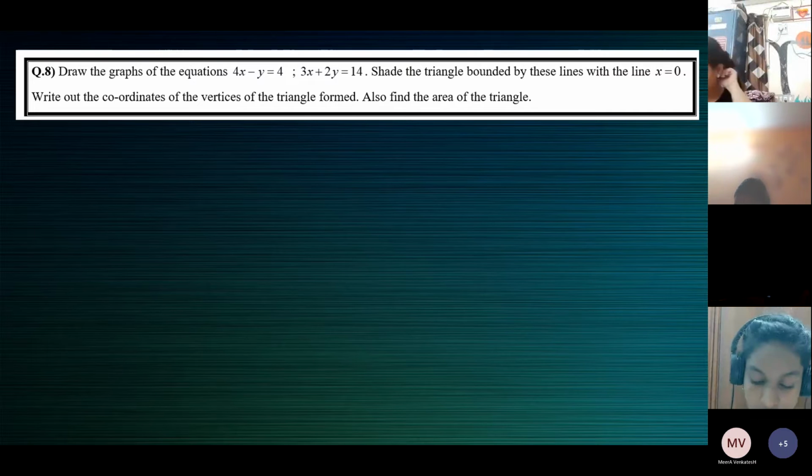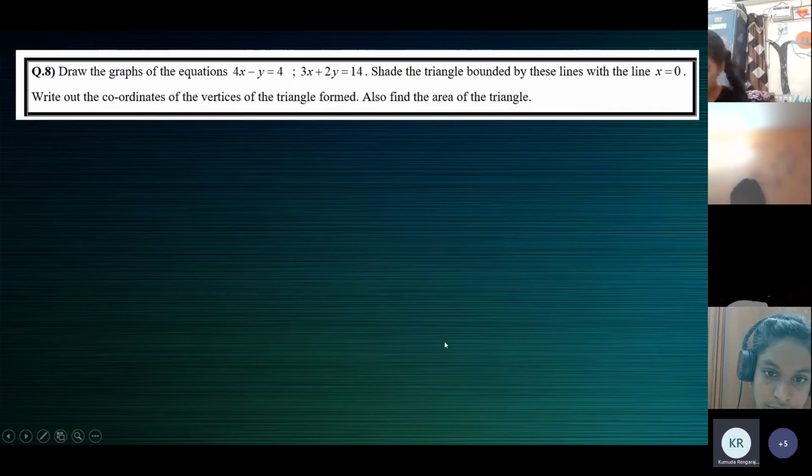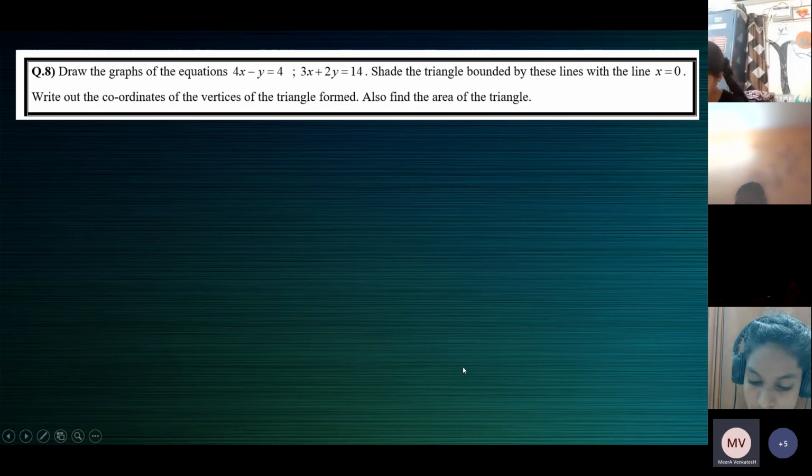Ma'am, Meera, ma'am. Ma'am, it cuts at 2, 4, ma'am, and the area is 11 square meters.